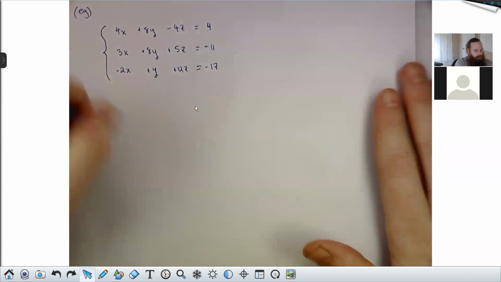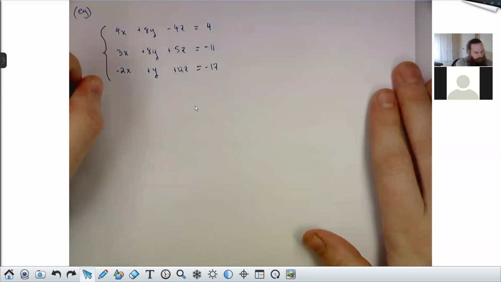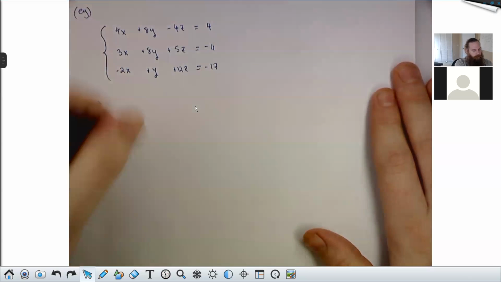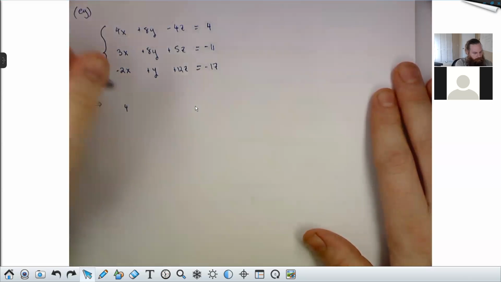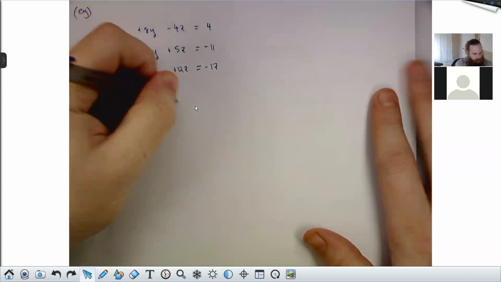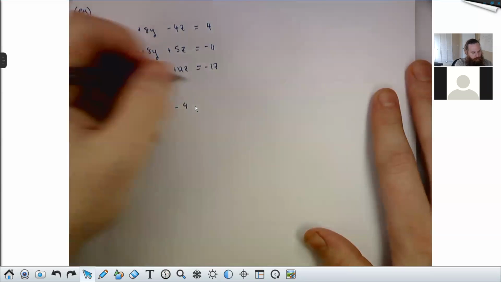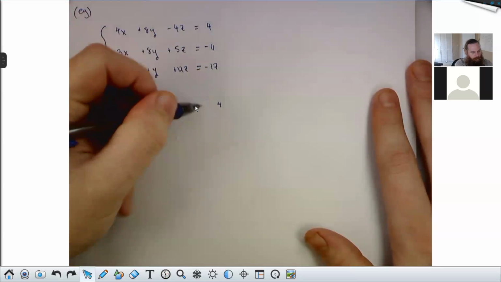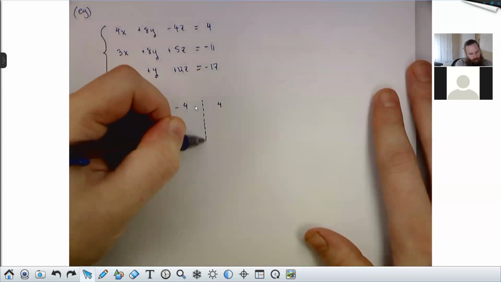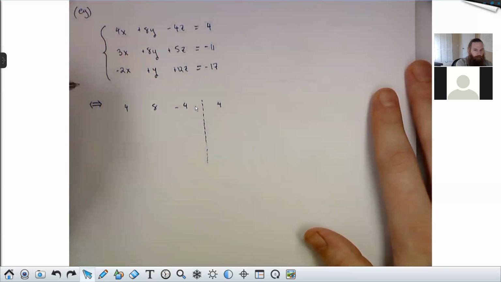So first, putting this into matrix form. My first row will be 4, 8, negative 4, and then on the far right over here will be a 4. I'll go ahead and put in my augment bar.